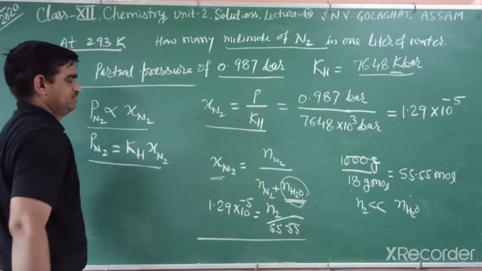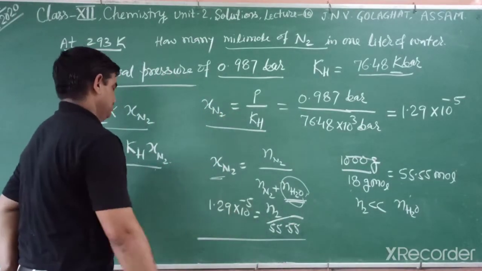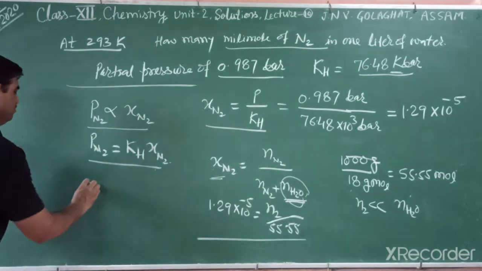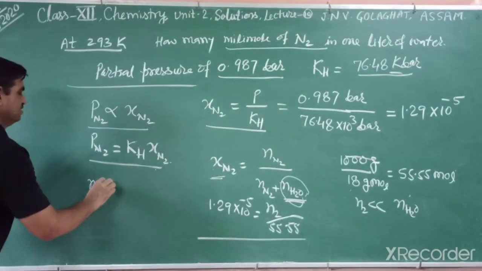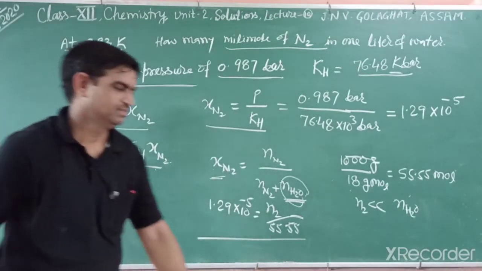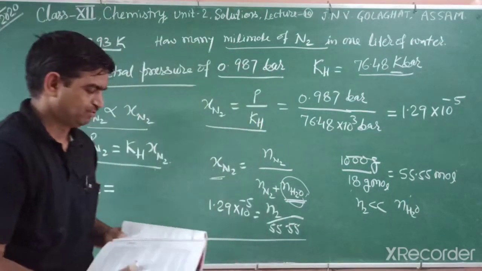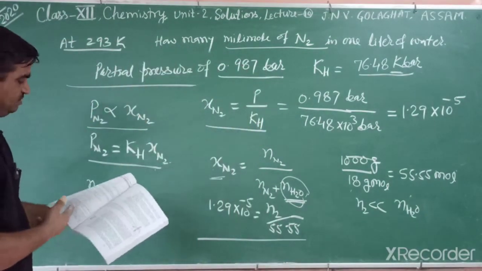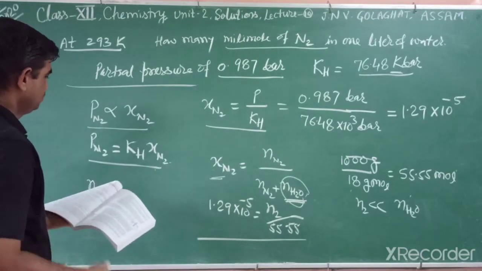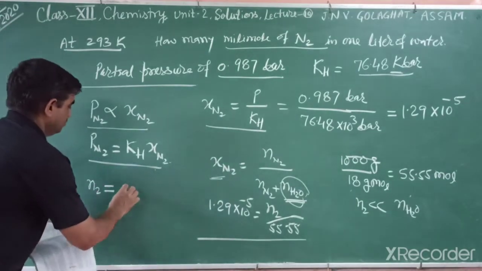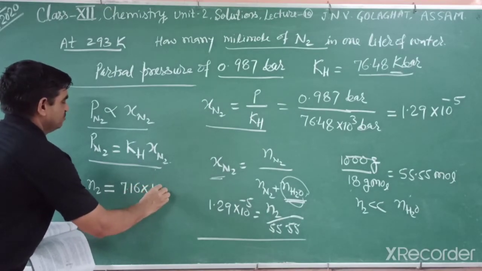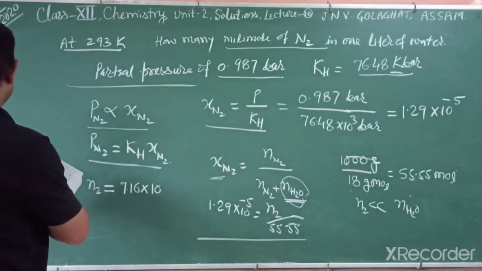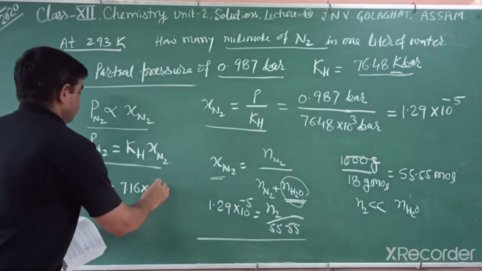Again we solve this by cross multiplying, and the moles of nitrogen we find are 7.16 into 10 to the power minus 4 mole.